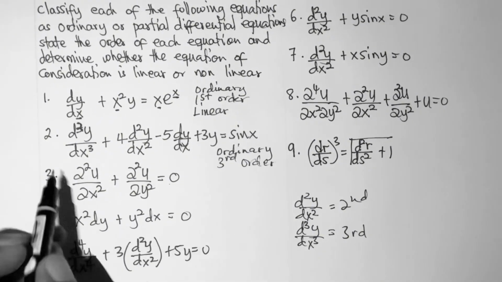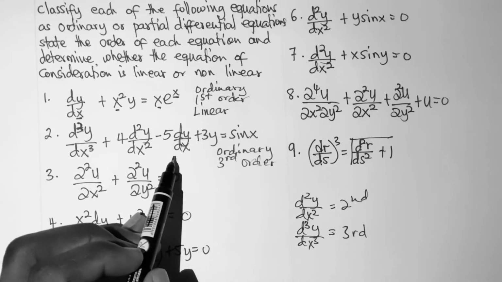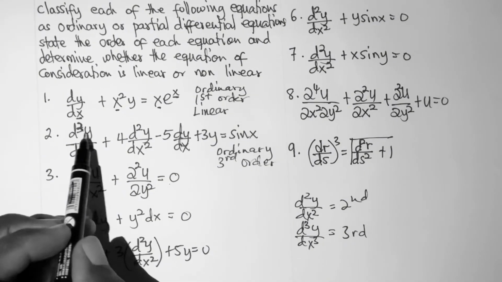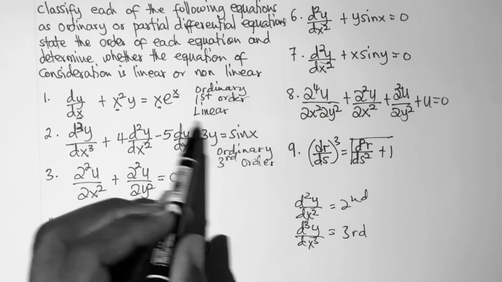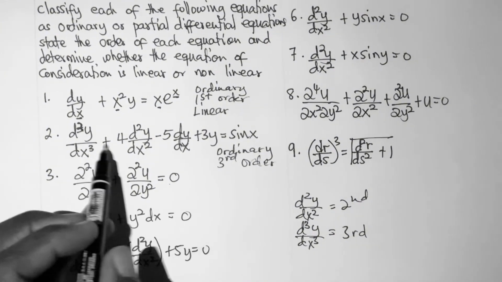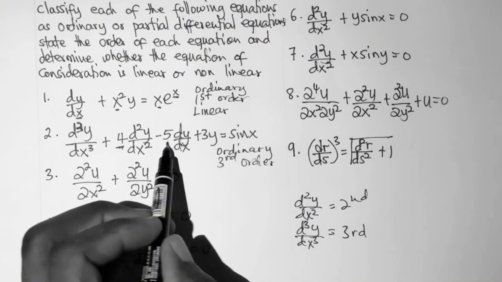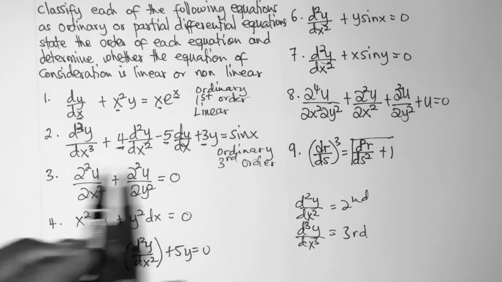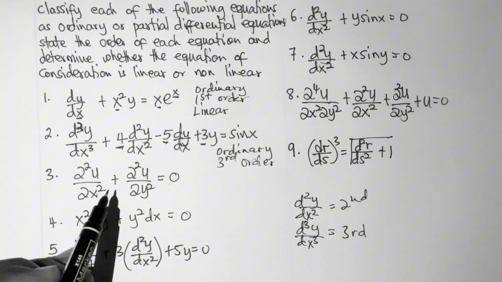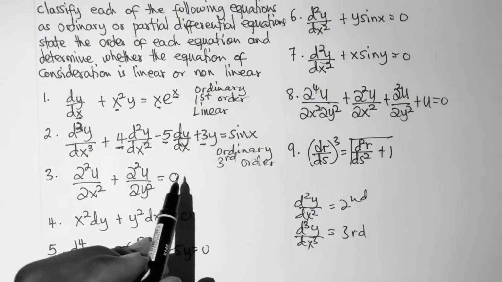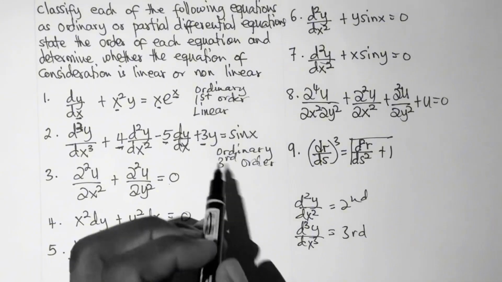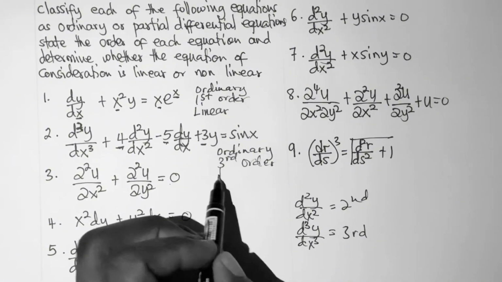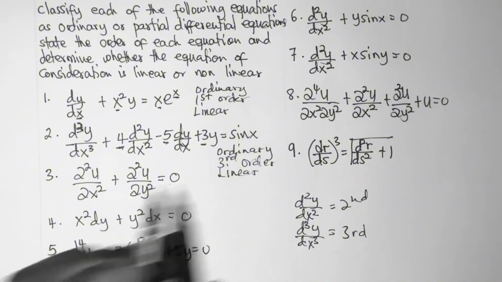And then the last thing is whether it is linear or non-linear. You see that the dependent variable are all of the first degree, and also the coefficients are all dependent on the independent variable, which is x, and therefore this is also a linear differential equation.